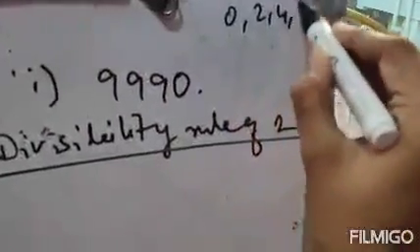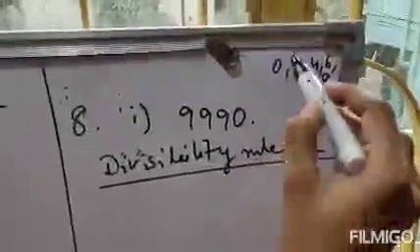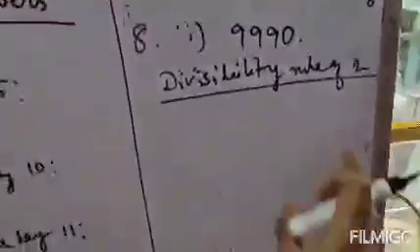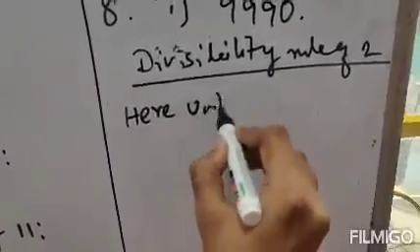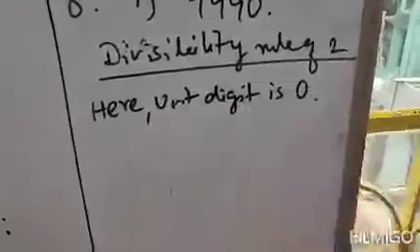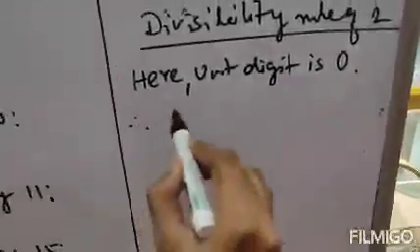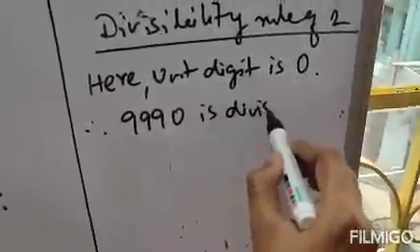Now clearly the unit digit is 0 here, so it is divisible by 2. So just write here, unit digit is 0. Clear? Therefore 9990 is divisible by 2.